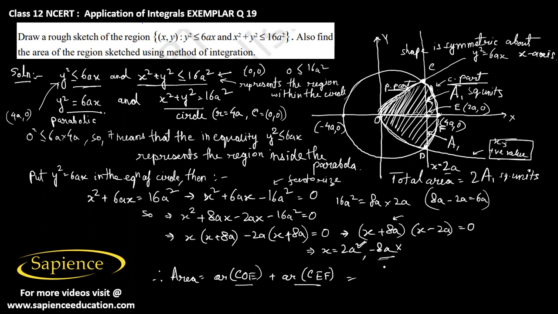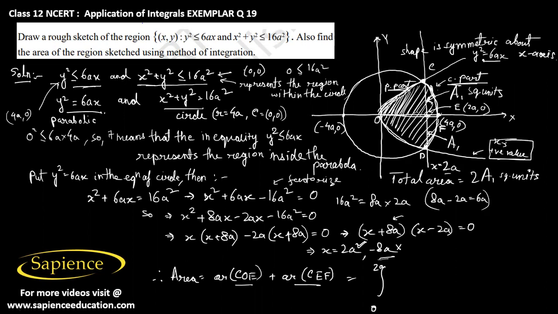So now the area of COE will be the integral from 0 to 2a. Now we need to find the equation of this branch.